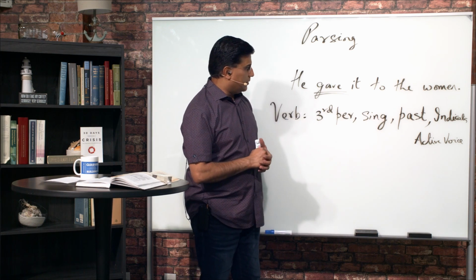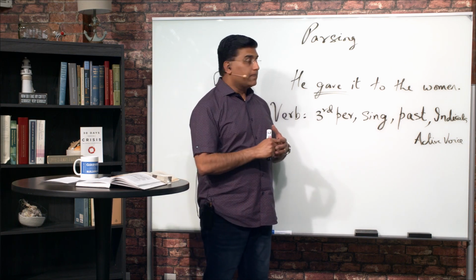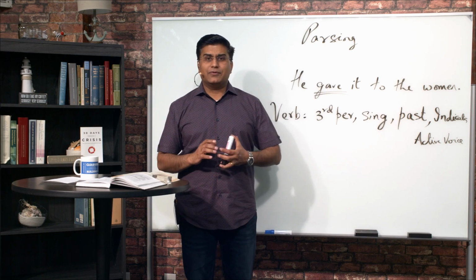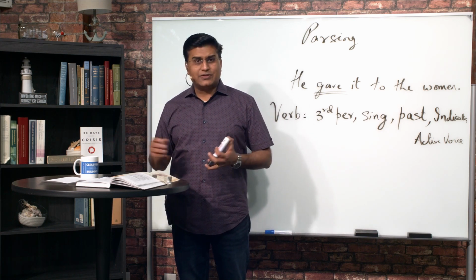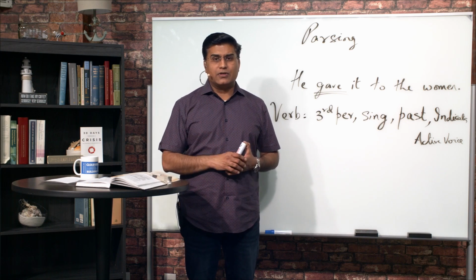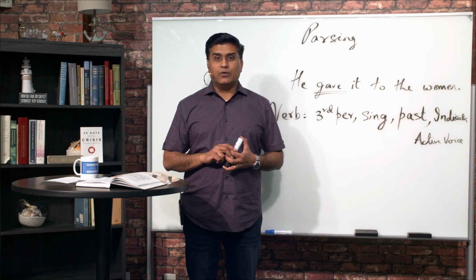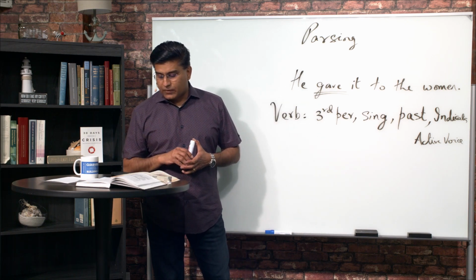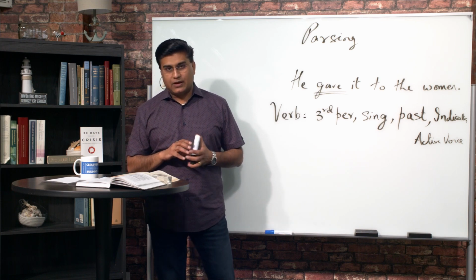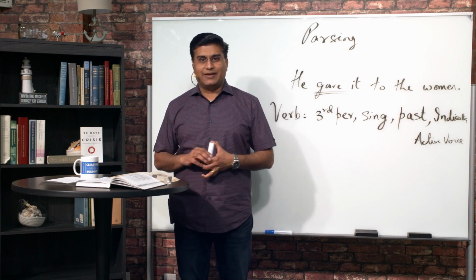But here, this is the parsing for the verb. So hopefully this lesson will give you some help when you come to the Greek sentences and when you're asked to parse a verb or a noun or a pronoun, then you will know how to do it. There's also participle, and the participles are a little different, and we're going to cover that under that subject heading later on.